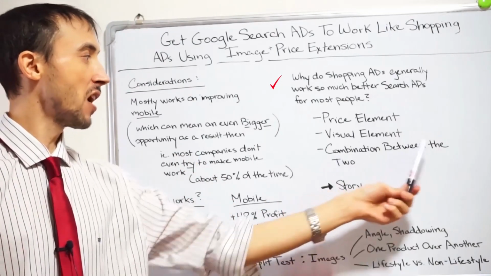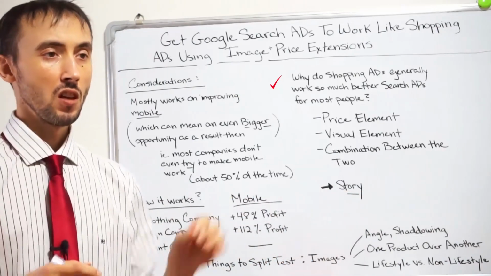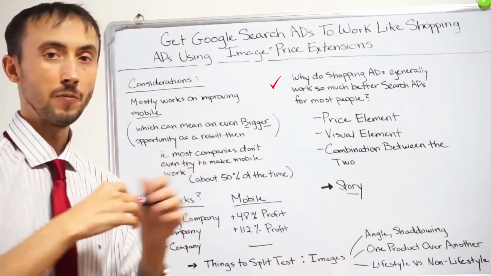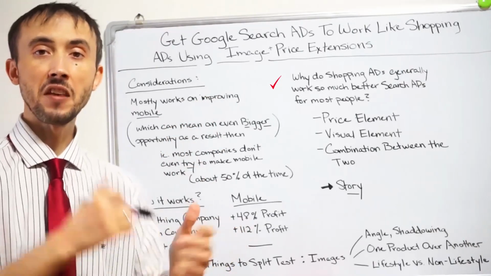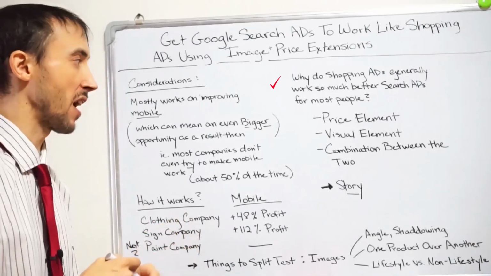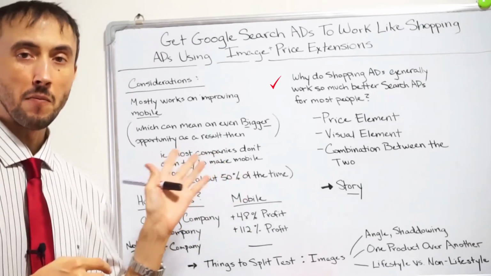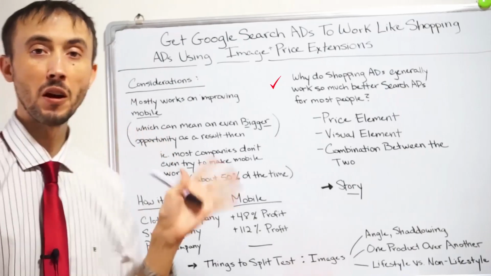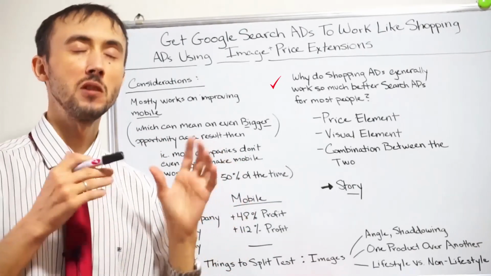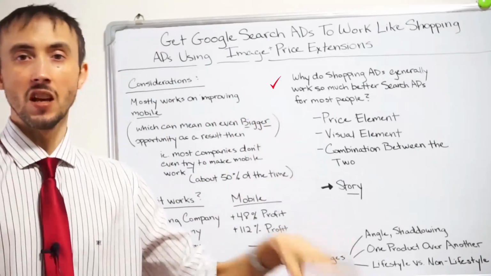Then there's the combination between the two. In other words, the whole medley of having image and price together works better than if you just had price or just had image. I know this because I've run some tests using the strategy that I mentioned, and to verify that this works, we're going to make the search ads have an image and a price.